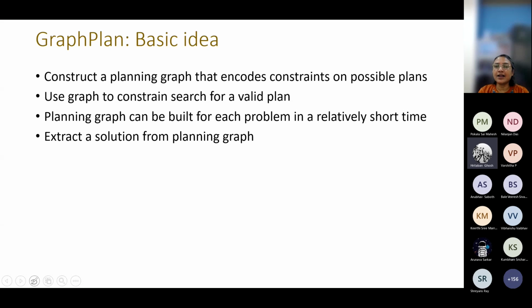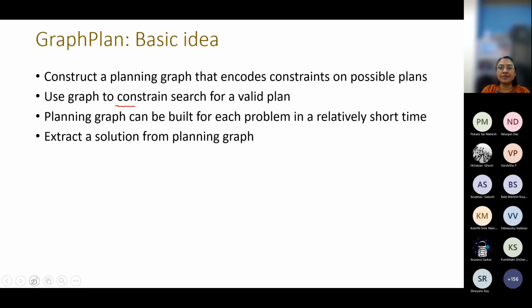So the idea of GraphPlan is we want to construct a data structure that encodes certain constraints on the possible plans, and the search for a plan can be constrained based on this data structure.